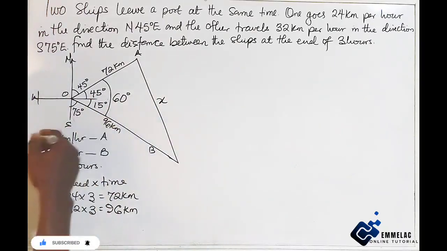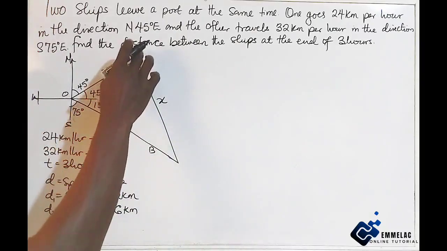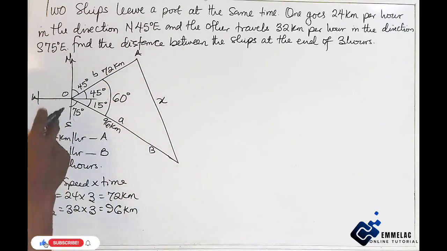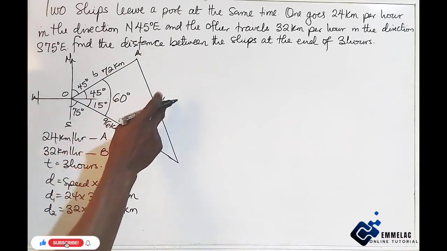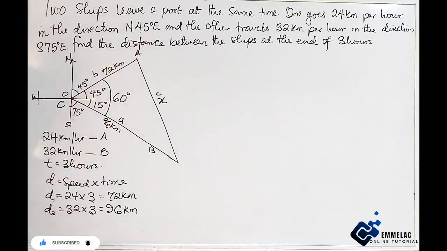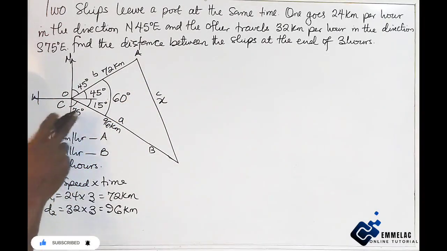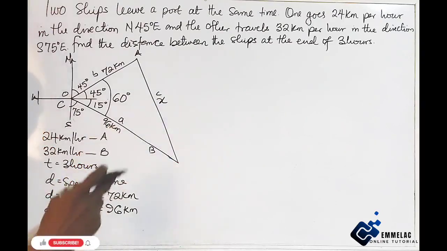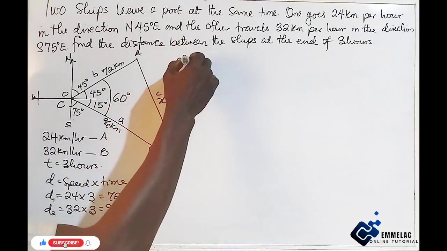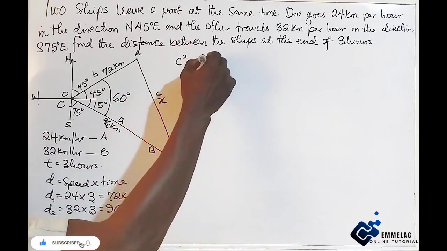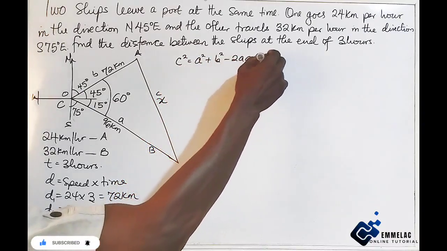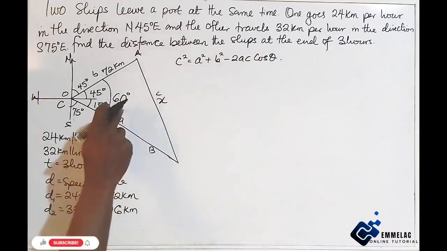Let us assume this is A, this is small a, this is B, this will be small b, and let us make this one O, this one C, and this one small c. Since we are dealing with small c here, we can say c squared equals a squared plus b squared minus 2ab cos theta, where theta is the angle.